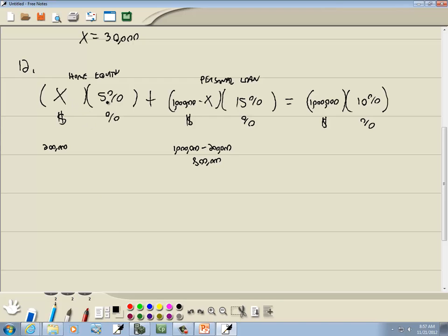Well, again, I don't want percent. I want them in decimal. So this will be 0.05x. And this one will be 0.15 times 1 million minus x. And this one will be 10% times 1 million.